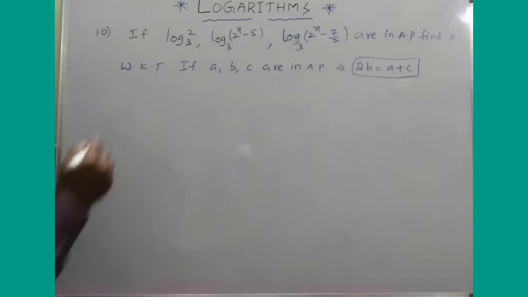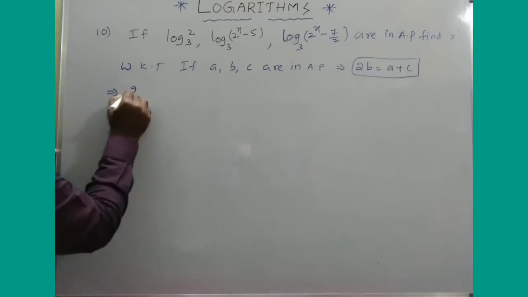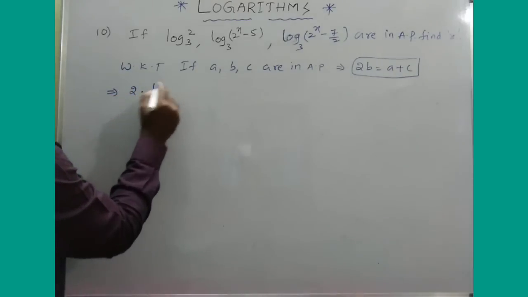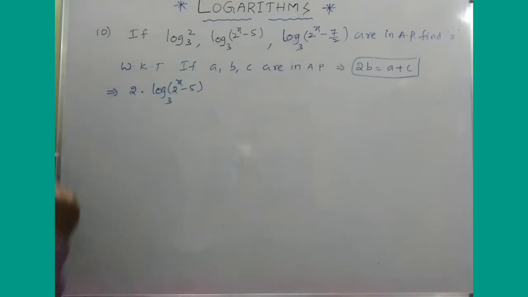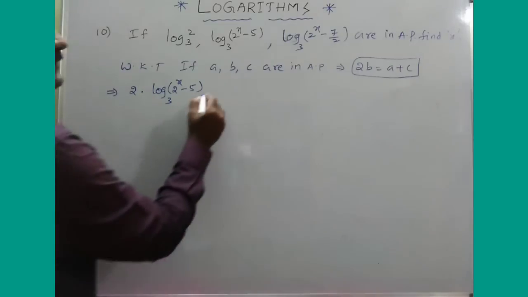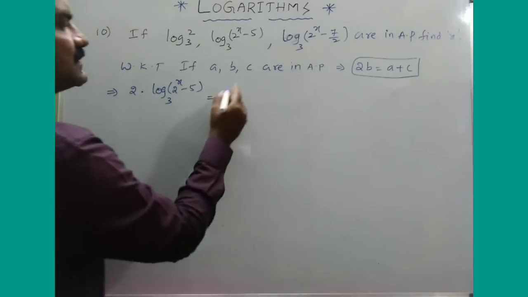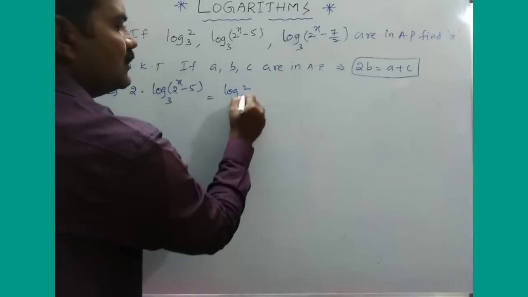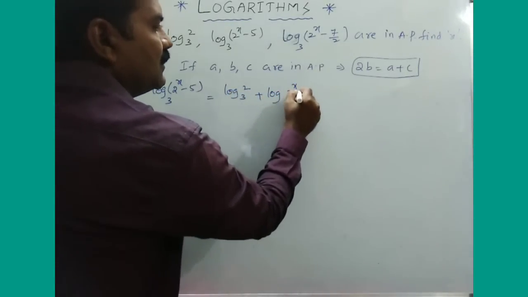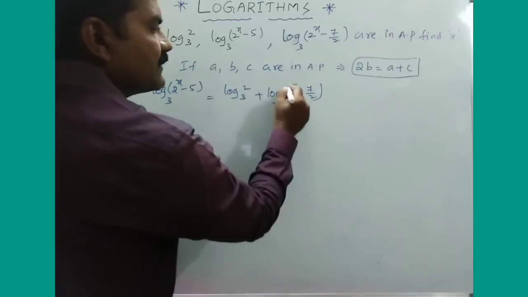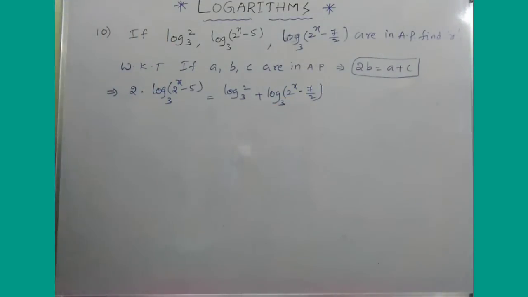Now 2B means 2 into log of (2 to the power of x minus 5) to the base 3, which equals A plus C: log 2 to the base 3 plus log of (2 power x minus 7 by 2) to the base 3.